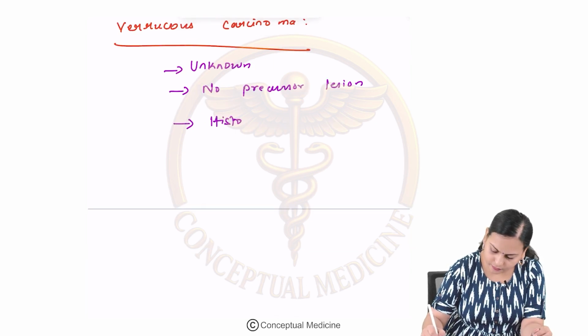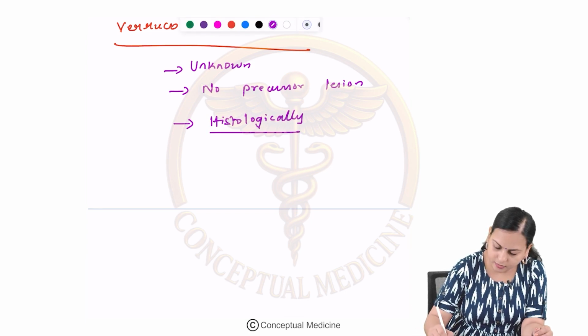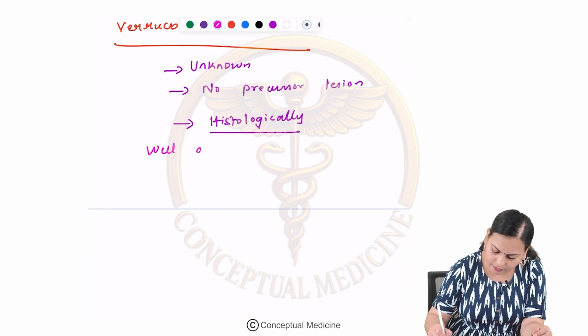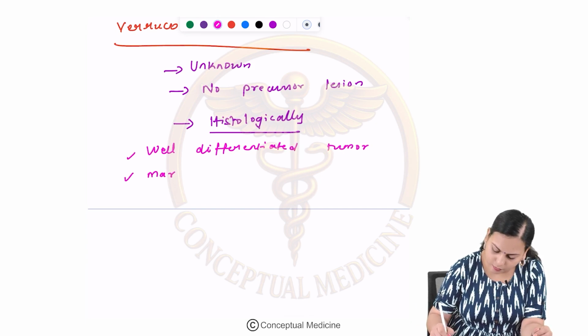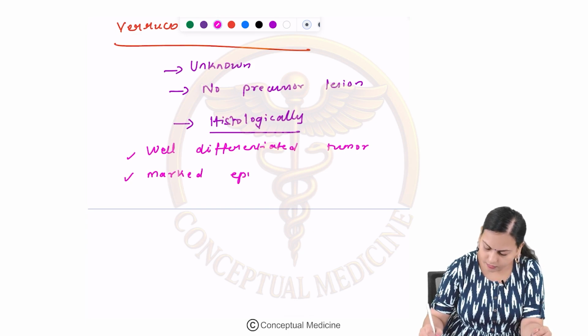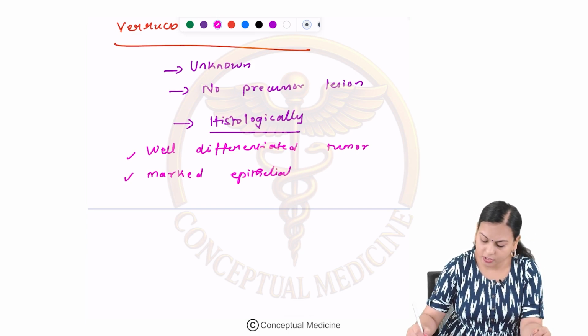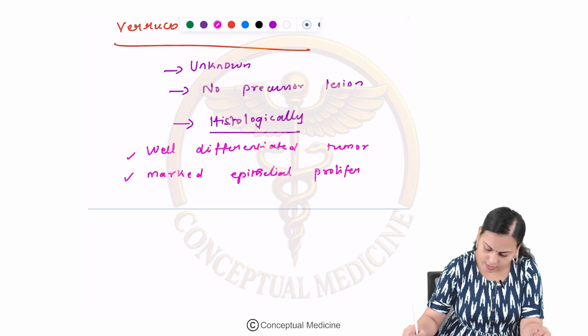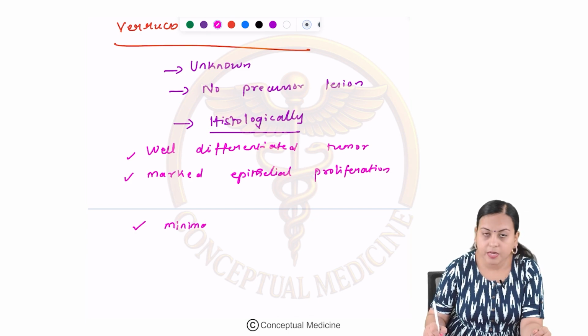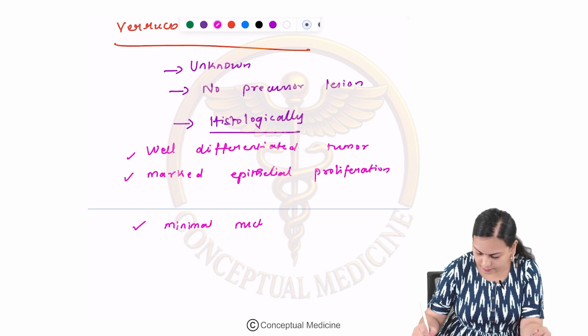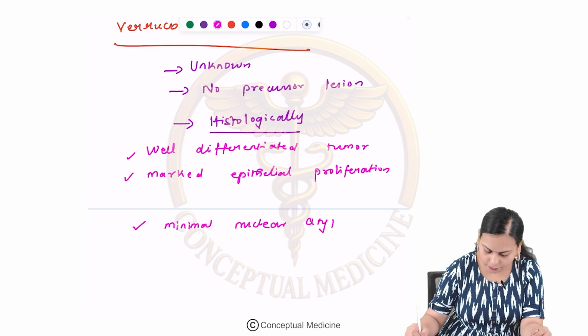Histologically, verrucous carcinoma is a well differentiated tumor which has marked epithelial proliferation, and this will have minimal nuclear atypia also.